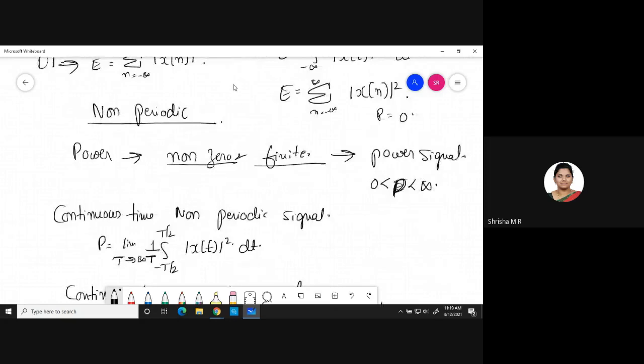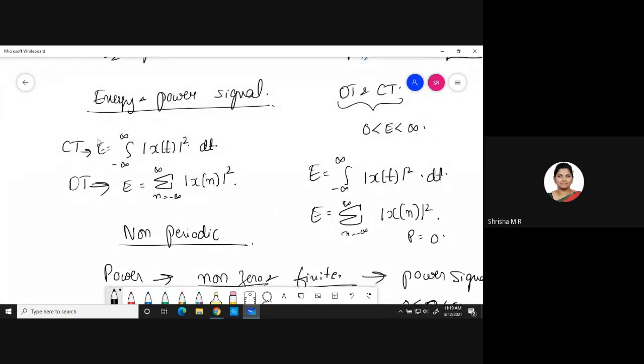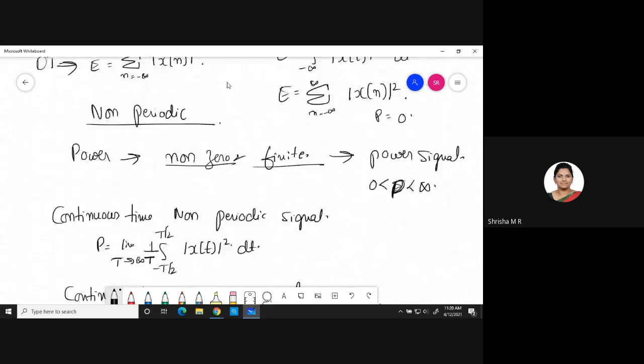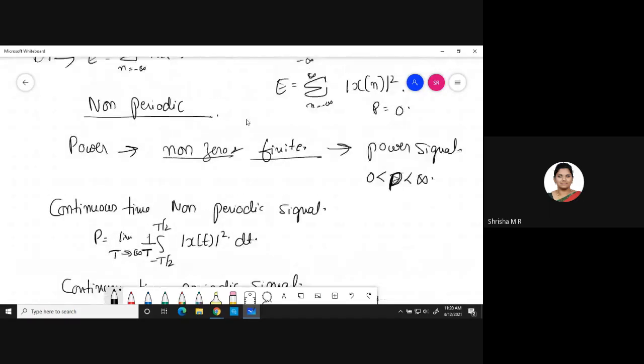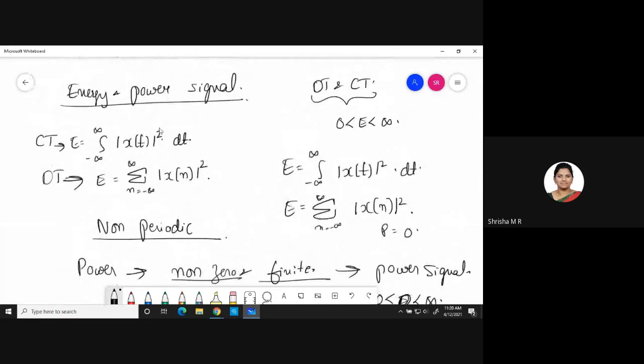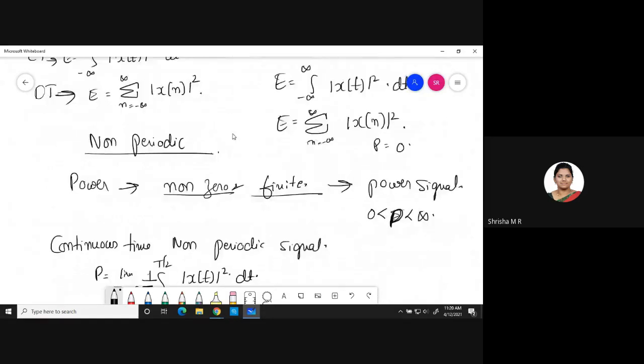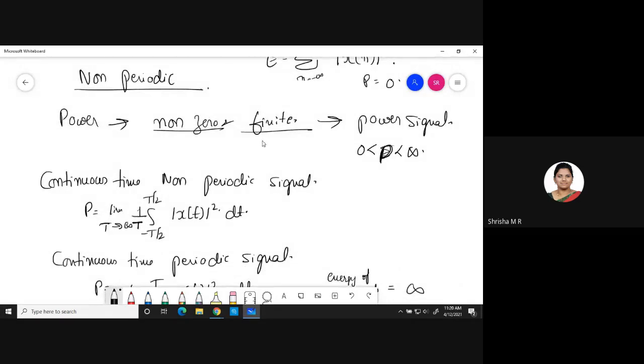Energy for continuous time signal is given as integral from minus infinity to infinity of x of t whole square into dt, whereas energy for discrete time signal is given as summation n is equal to minus infinity to infinity of x of n whole square. Energy signals will have finite energy and it will be non-zero. Similarly, power signals will be non-zero and finite.